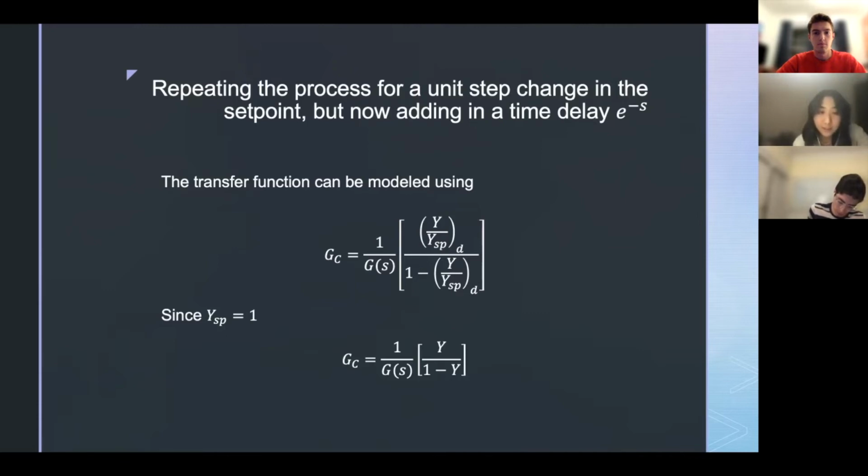And since YSP is equal to 1, which was given to us, we can simplify this equation slightly to GC is equal to 1 over G of S times Y over 1 minus Y.